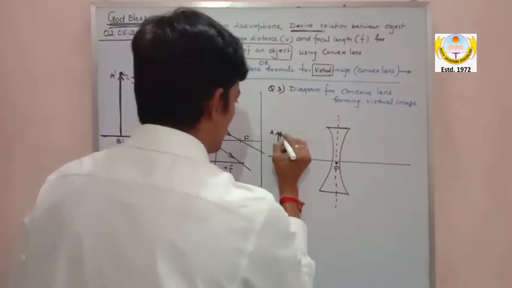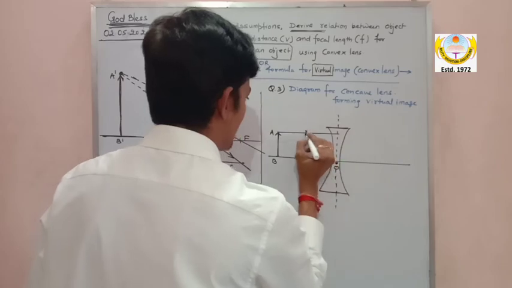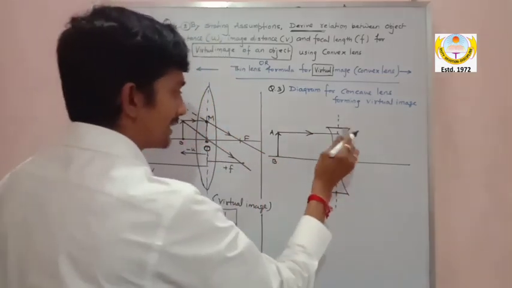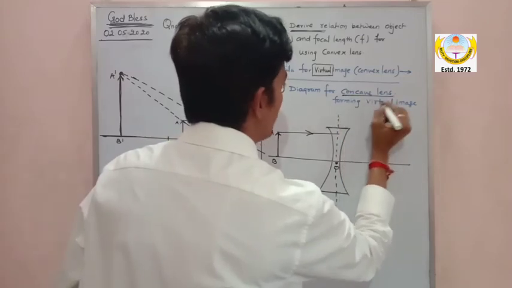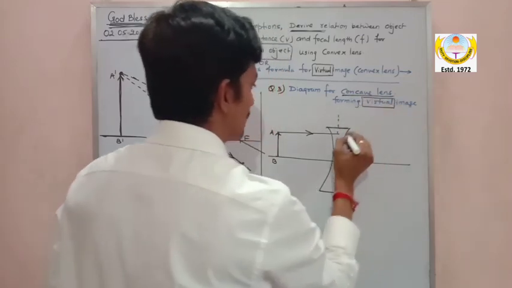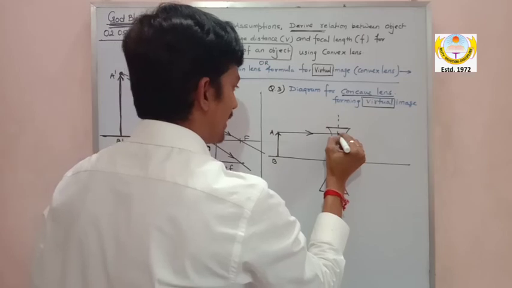The ray will pass parallel to the principal axis. And since concave is a diverging lens, my dear, here it will diverge.